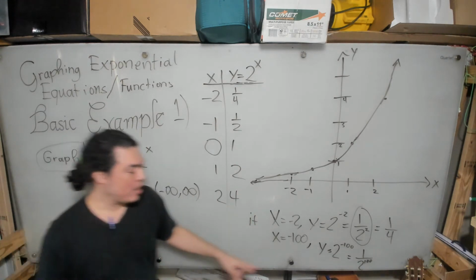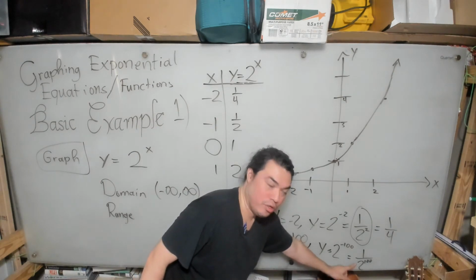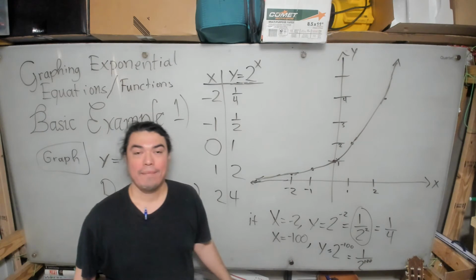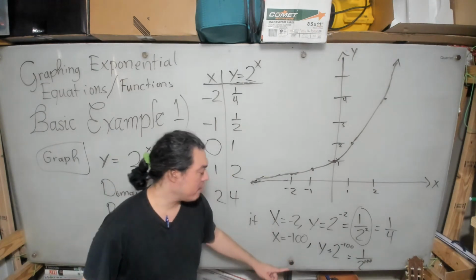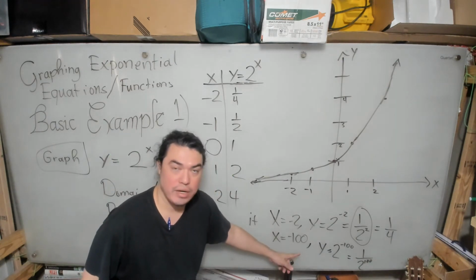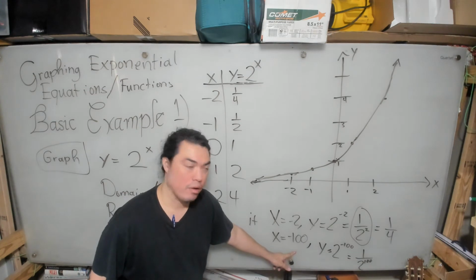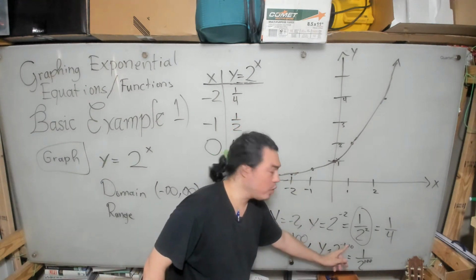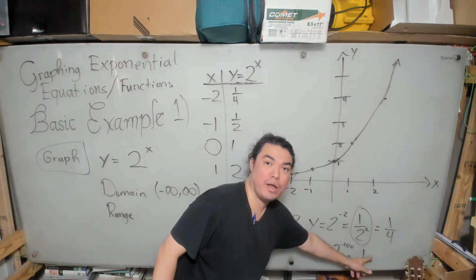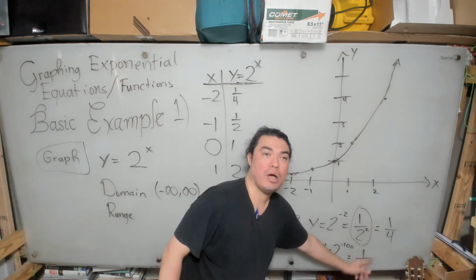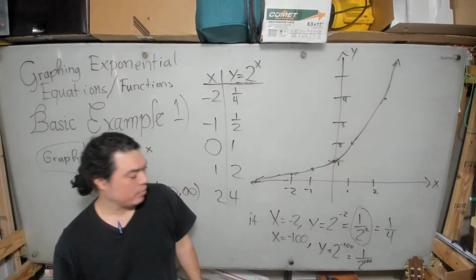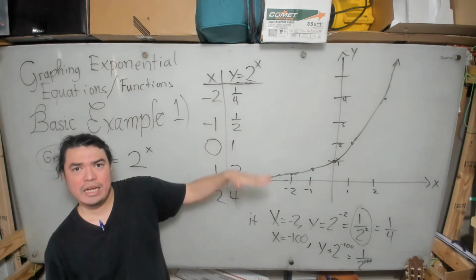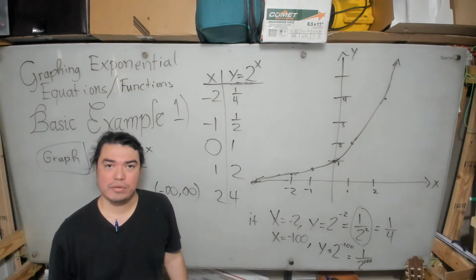And so therefore, this expression, no matter how negative this value gets, it could be negative 1,000,000, it could be negative 1,000,000,000, it could be some gigantically negative number. When I insert it into this equation, I'm going to get 2 to that negative number, which will be 1 over 2 to the positive of that, in the bottom. And I know if I have a positive, in this case 1, divided by a positive, that'll still be positive.